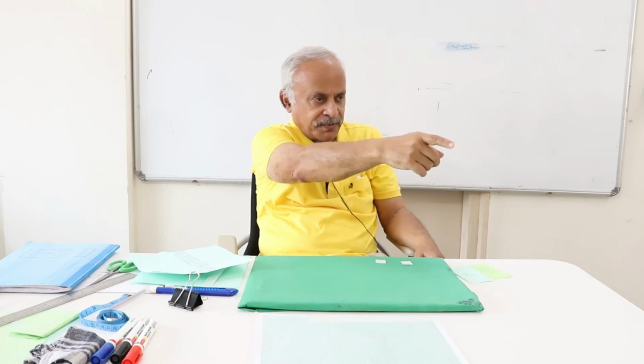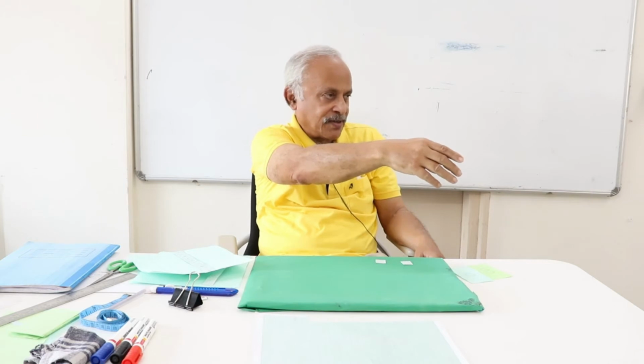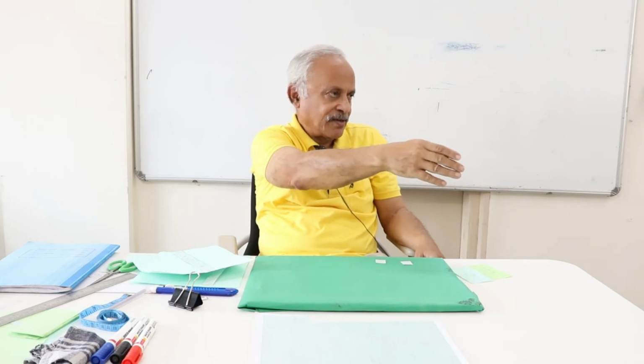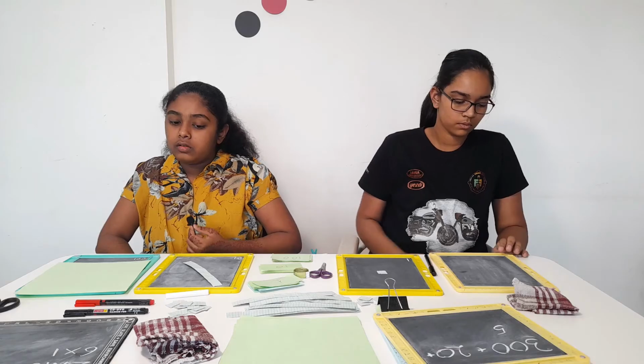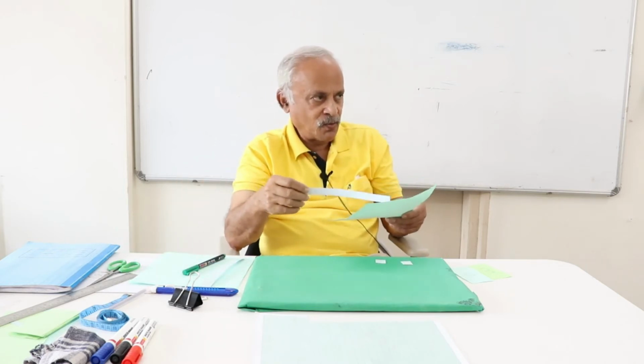So Gyan Jyoti, what will be the house which is to the right of ones? 1 by 10, right? So that house will be the house of 1 by 10. Okay. So now let us make 1 by 10.